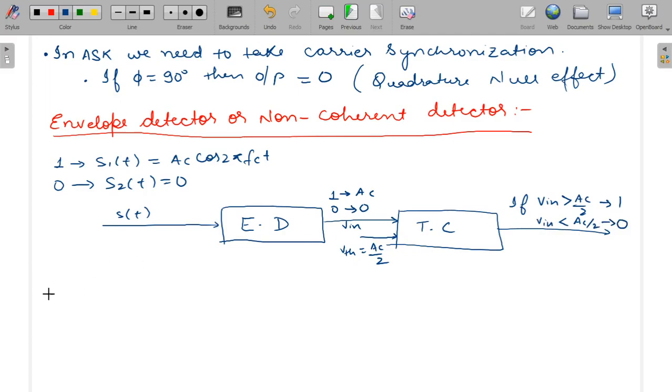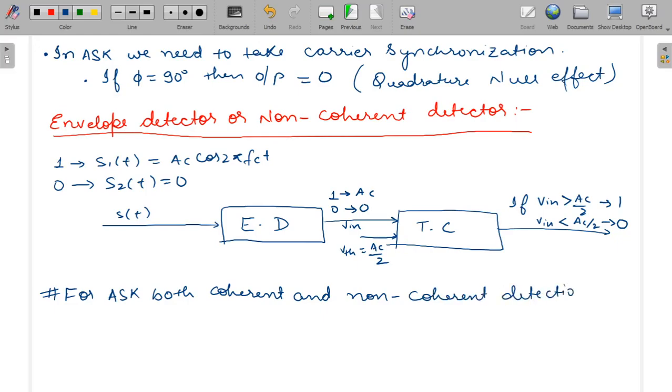So for ASK, this is a note point. For ASK, both coherent and non-coherent detection is possible. We have seen.